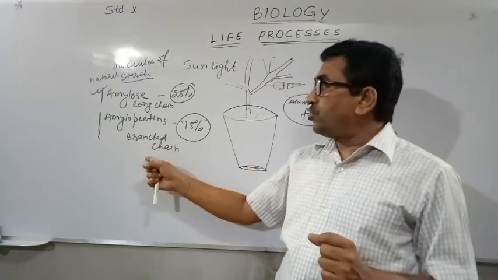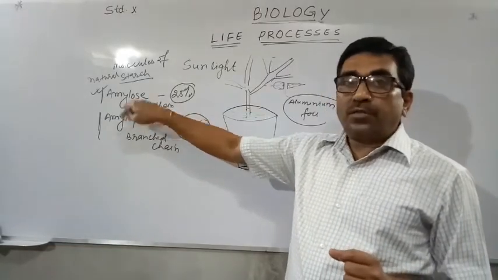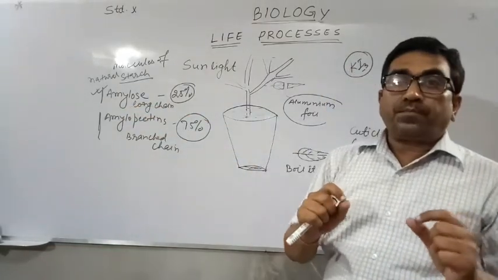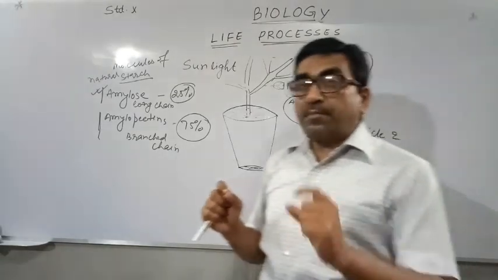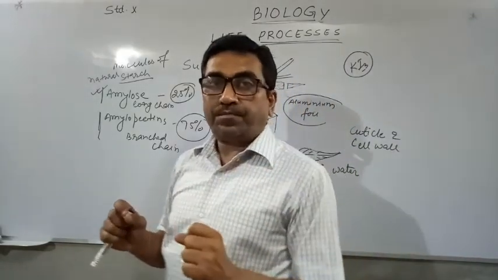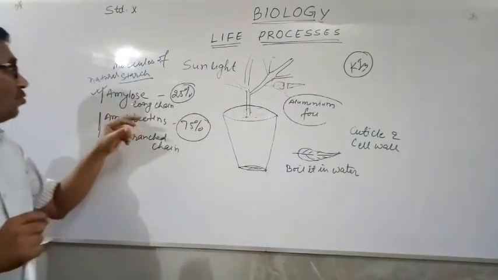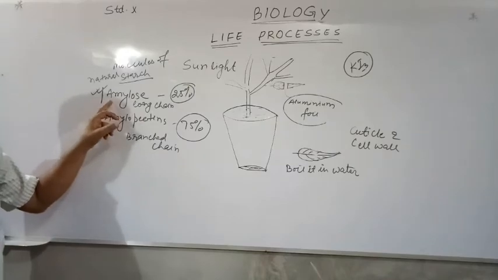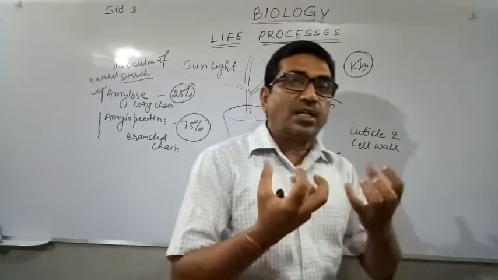Another one is the branched one, amylopectins. Only this amylose gives the dark blue color because the potassium triiodide solution, KI3 solution, gets embedded into this long chain of amylose and it absorbs most of the light that is falling on it.